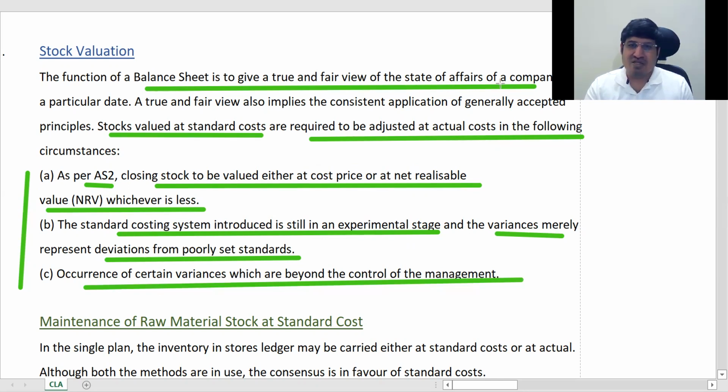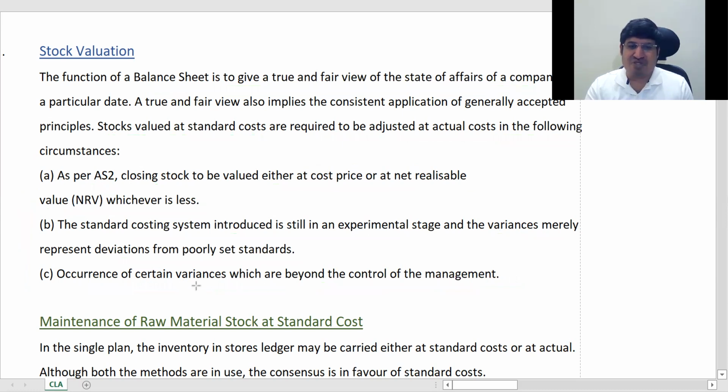Any time when you have got any uncontrollable exceptional variance, that is not shown in stock. That is charged to the P&L, but it's exceptional. So this is regarding stock valuation of your standard costing.